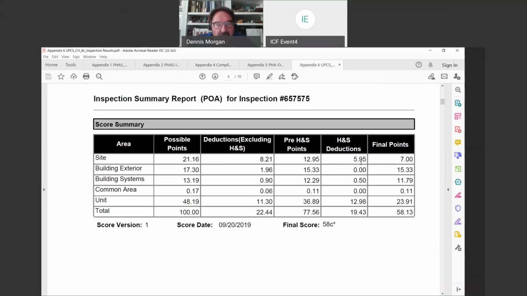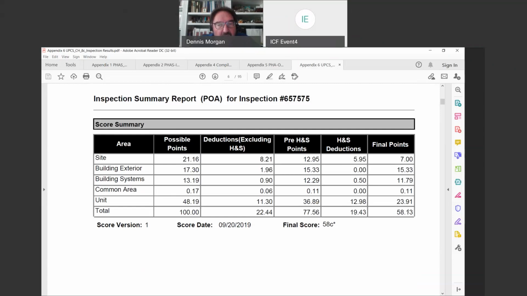And I also had some health and safety. Out of my dwelling units, I normally would have scored 36, but because I had health and safety, they took away an additional almost 13 points for health and safety. So out of the potential 48 points, I scored 23, less than half of the points available under my dwelling units, just from these 25 units that they ran from the sample.